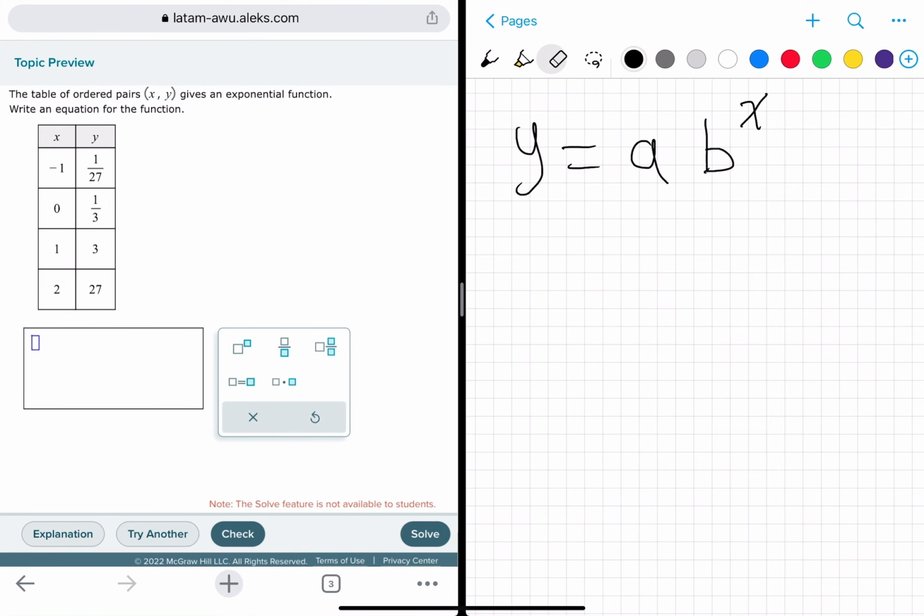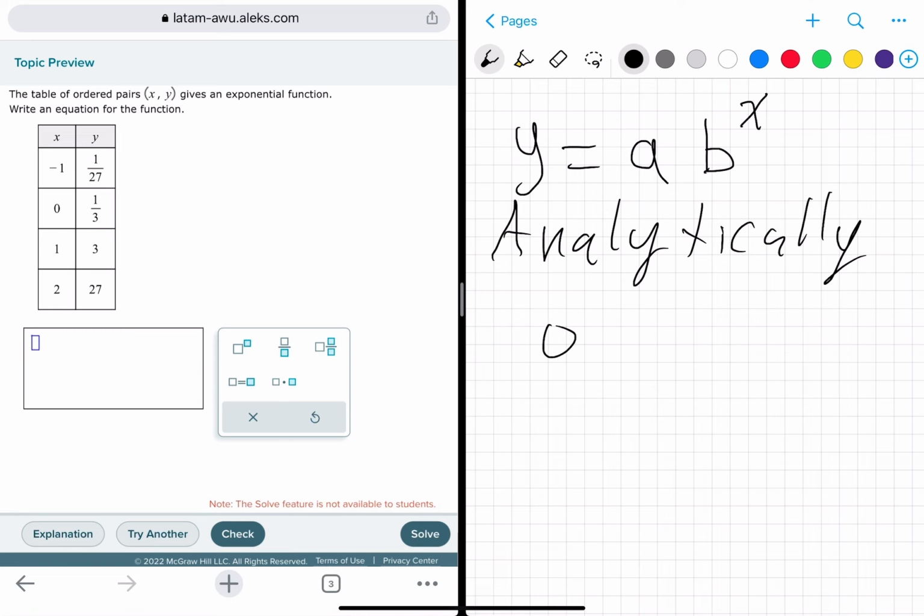If we want to find the exact values, we're going to do it analytically. We're going to use math to find those values. For that, first, we look at the set of points that we're given, and we see an interesting point, which is (0, 1/3). We always want to find the points where we have zeros because that tells us more information about a function.